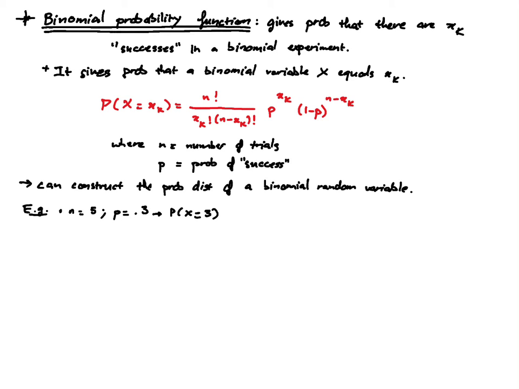If we apply the formula here, it's going to be equal to 5 factorial divided by 3 factorial times 5 minus 3 factorial, times 0.3 cubed, that is p to the x sub k, times 1 minus 0.3 to the n minus x sub k, to the 5 minus 3.